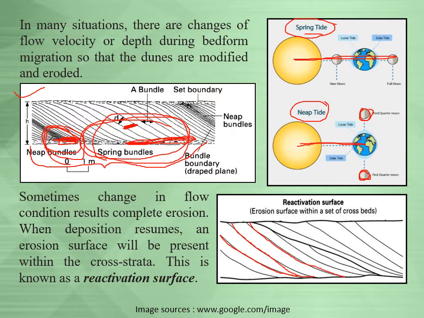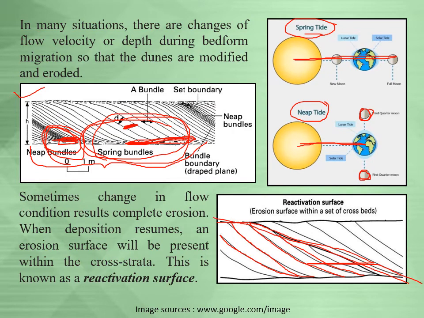Now, if some higher amount of energy comes, then instead of simple migration of ripples and dunes from the upcurrent side to the downcurrent side, forming these cross laminations, they will entirely erode the thing. That is, there will be no deposition, so they will erode.